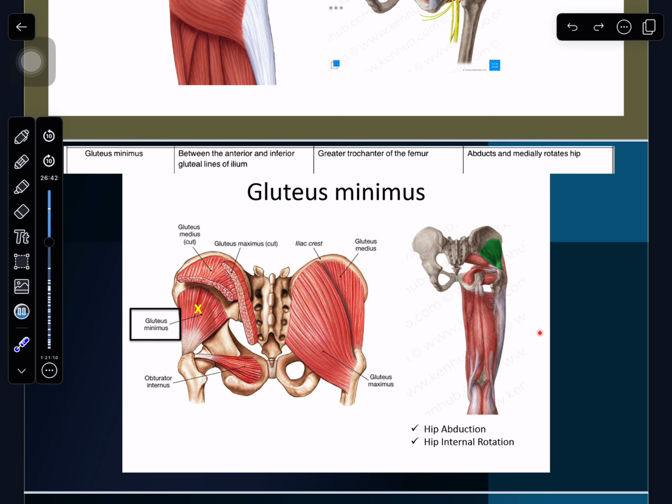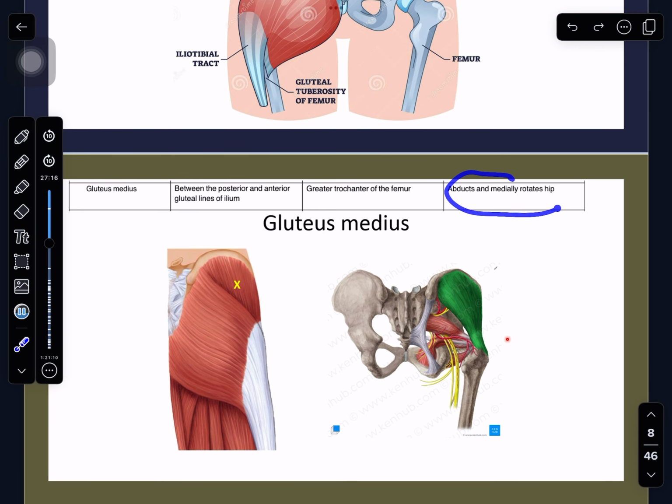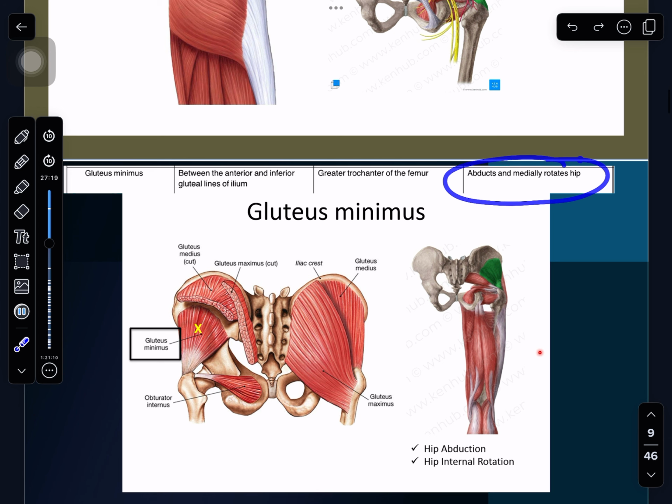So knowing that we have similar orientation of the muscle fibers and pretty much identical location, we can intuitively think to ourselves, okay, these are in the same spot and they have the same orientation of the muscle fibers. They must be doing the same thing, and they absolutely do, right? The gluteus minimus, just like the gluteus medius, is also going to be responsible for hip abduction and hip internal rotation, medial rotation. So do keep that in mind.